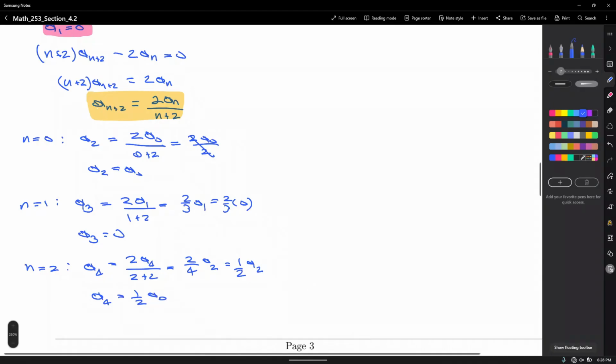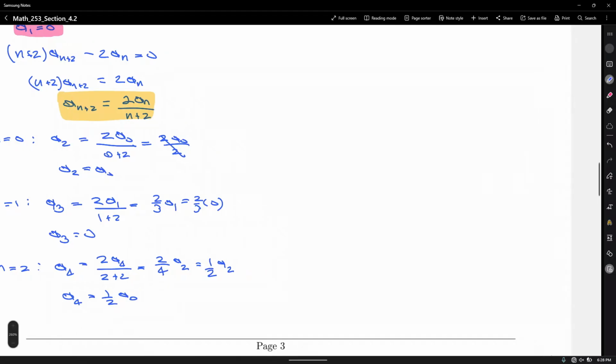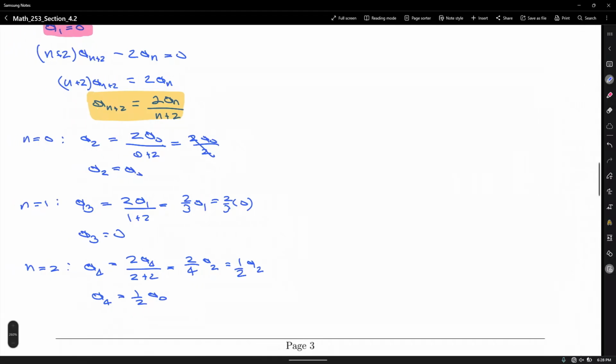Okay. Let's keep going. Soon we're not going to have enough time, but we're going to go as far as we can. N equals 3.